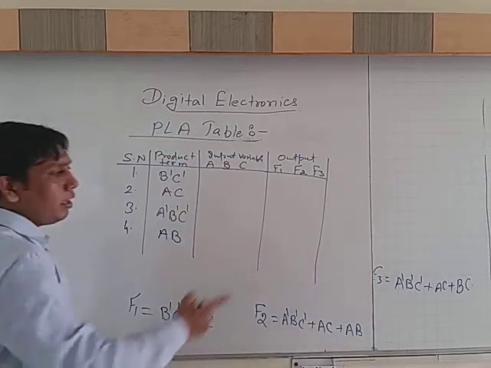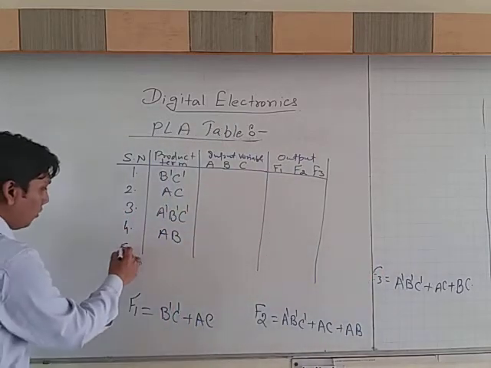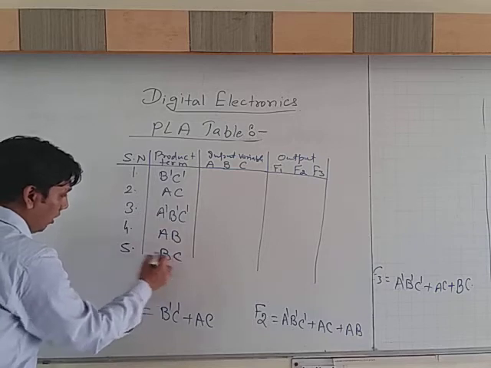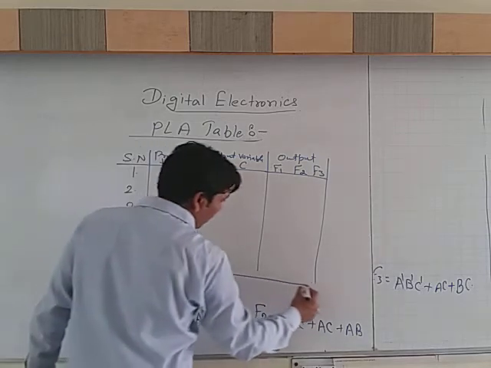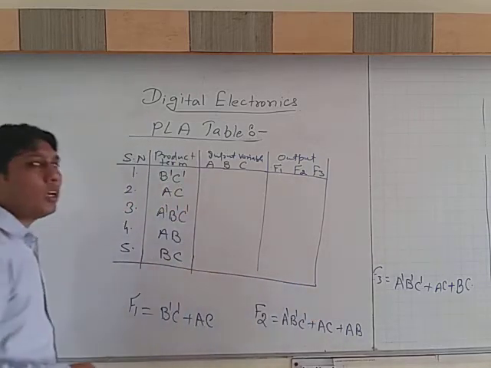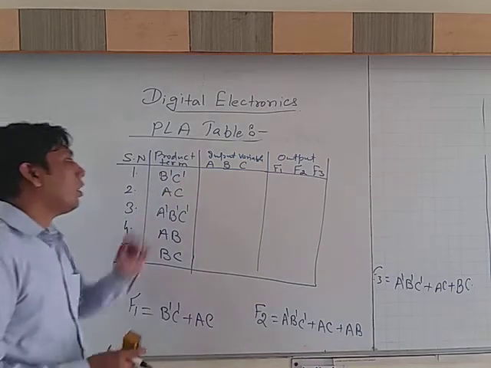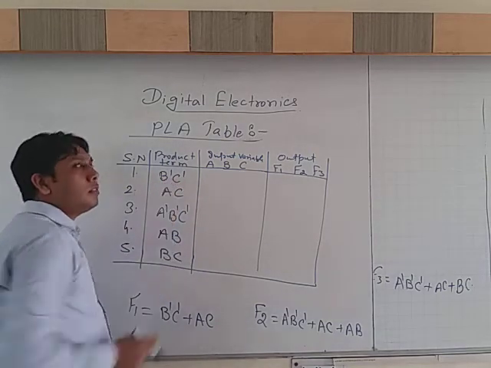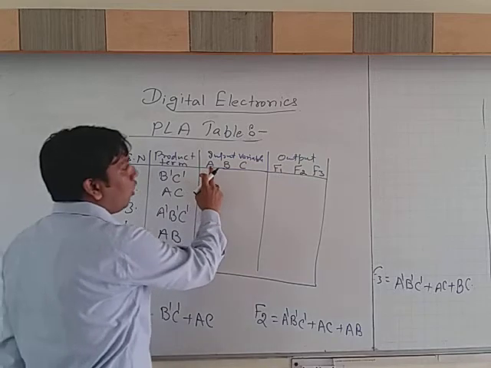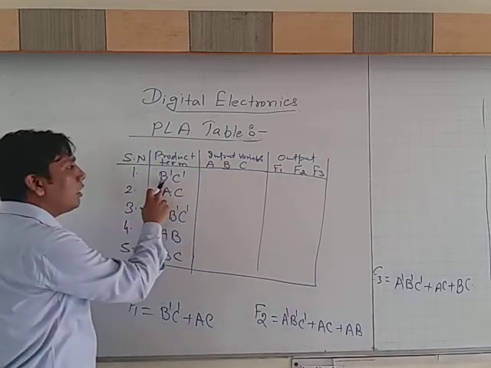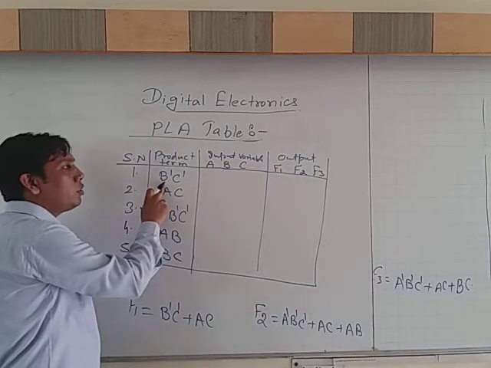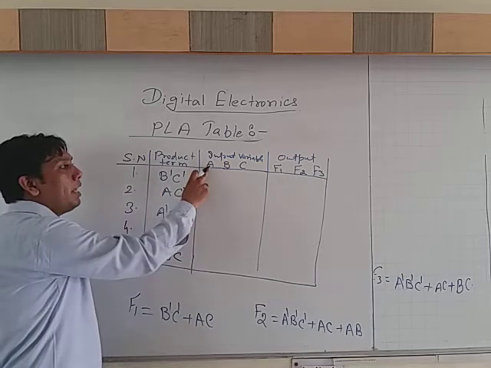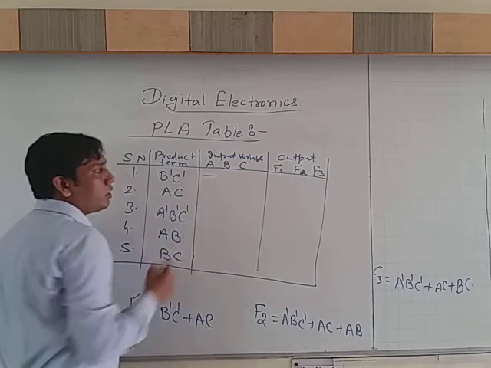AC is already there. BC is a new term, so it will be written here. So we have the 5 product terms. Corresponding to these terms, we will represent the values of these input variables. Since in this term there is no input variable A, we will put a dash.